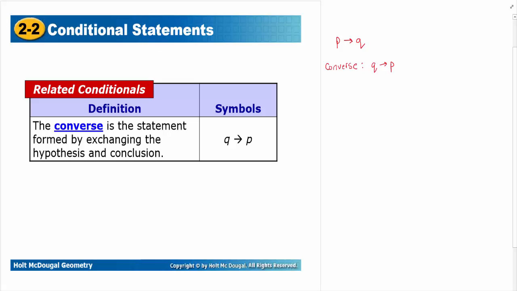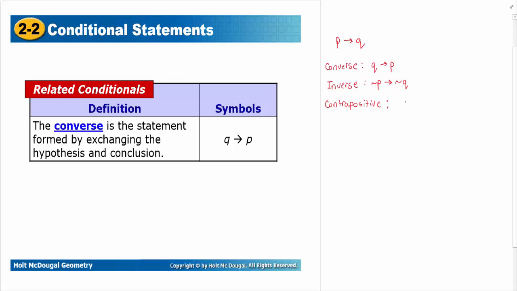All right, next up, we're going to have the inverse of a statement. So you have if P then Q as your original. Well, if not P, then not Q would be your inverse. And the final one is going to be the contrapositive. And that is the converse and the inverse combined.